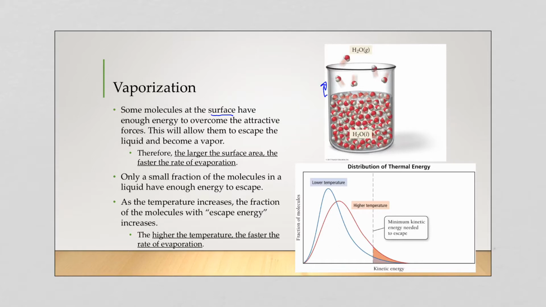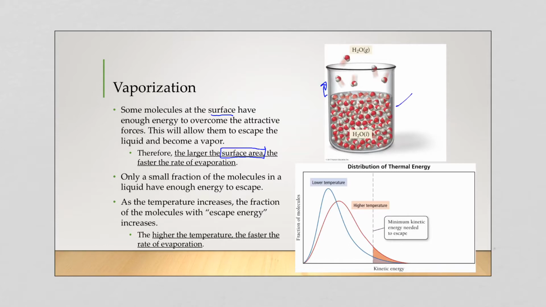Now, what this means is surface area is one of the things that can affect how fast something vaporizes. So the larger the surface area that we have for the liquid, the faster the rate of evaporation will be. So if I have this glass, this cup, this beaker here, the liquid will evaporate at a certain rate.